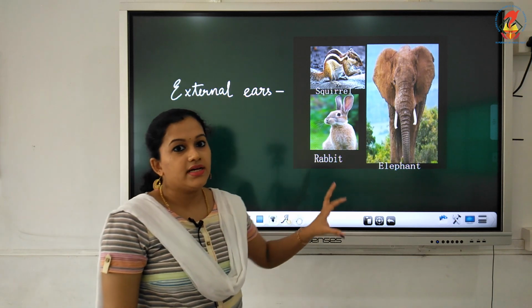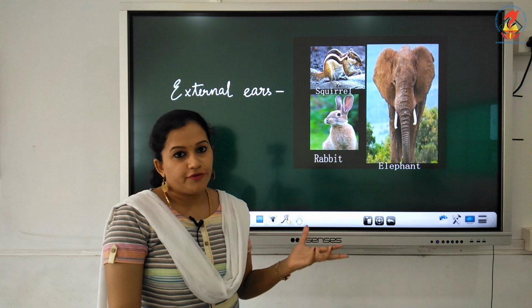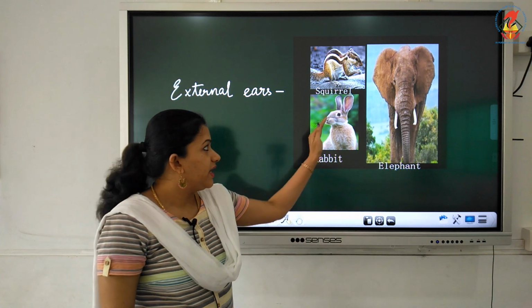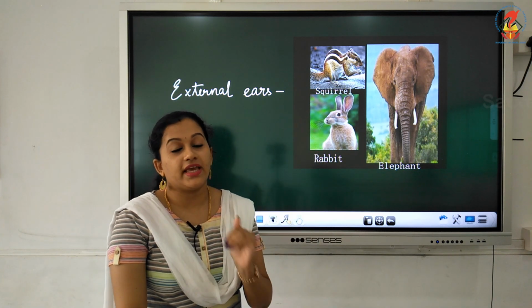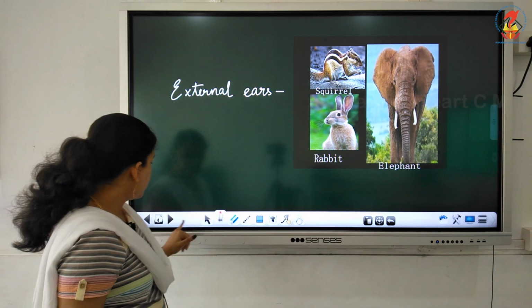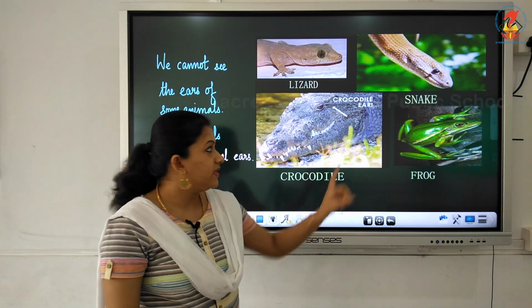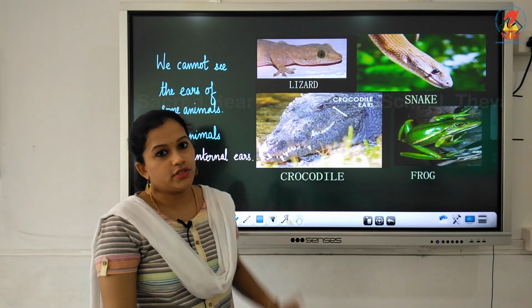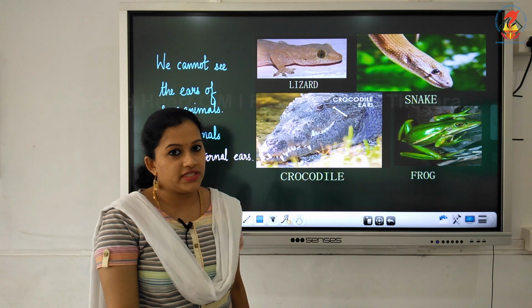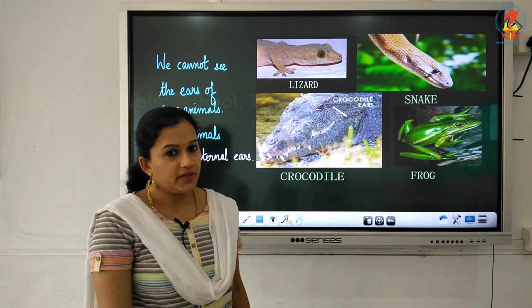And the external ear can be large or small or long in different animals. Just by looking at the external ears we can recognize which animal it is. Whereas in animals whose ears we cannot see, such animals hear with the help of tiny holes on both sides of their head, like that of a lizard, a crocodile or a bird.